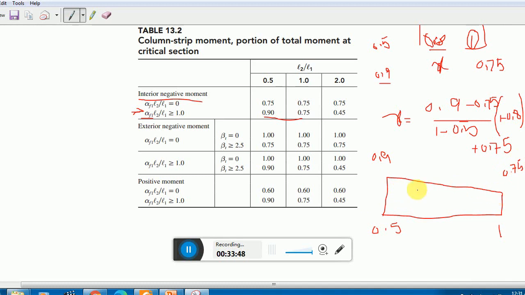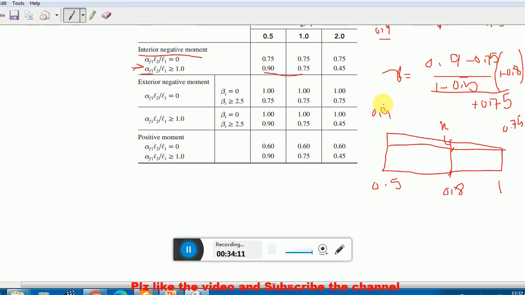Now we need to join these two points. Here we have our required point, that is 0.8, and we need to calculate this value. First of all, we calculate this x value, which comes from this formula. How did we get it? We use the similar triangles rule. You already know 0.9.